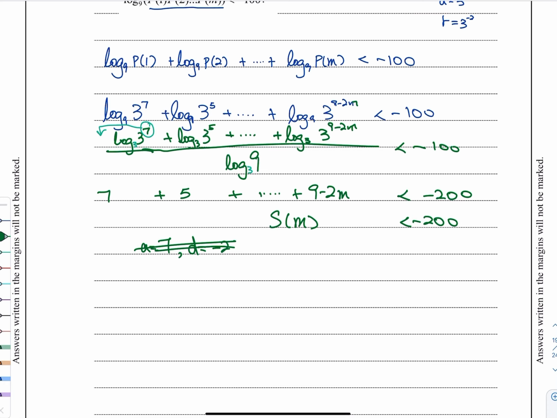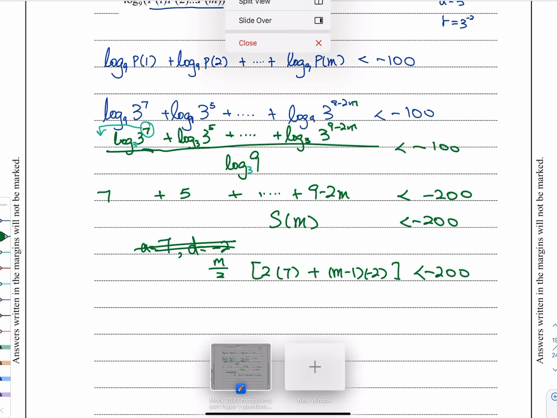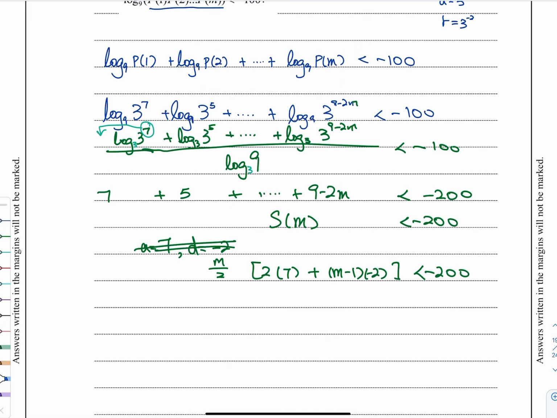So the sum of m terms is less than negative 200. Your m over 2, times 2a plus (m minus 1) times the common difference, is less than negative 200. And then you can remove this 2 first. It will go to the other side. You will have negative 400.